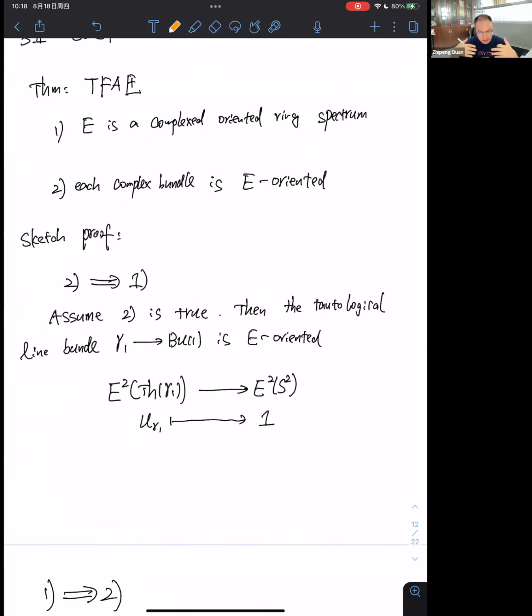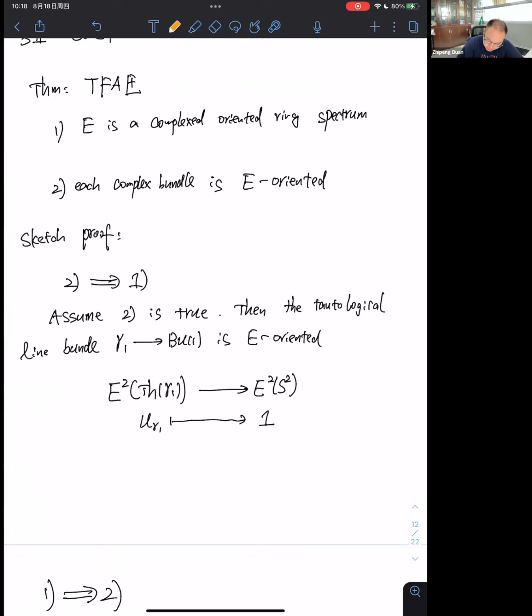The first result is about the equivalence of the following two statements. The first statement is that E is a complex oriented ring spectrum. I'm very sorry, the definition I use for complex oriented is actually the second definition in Yutao's talk.